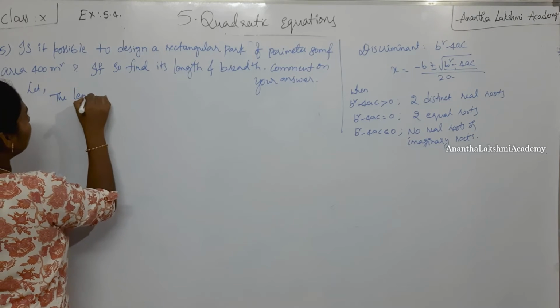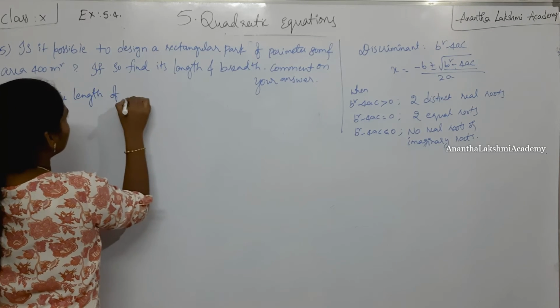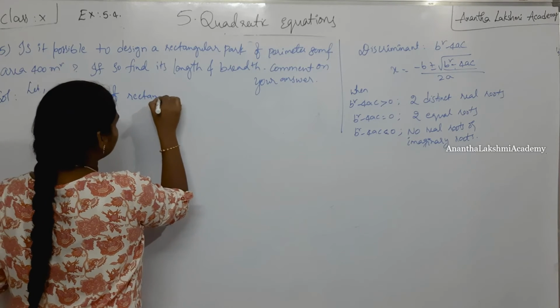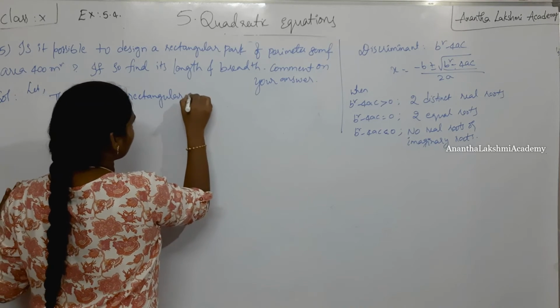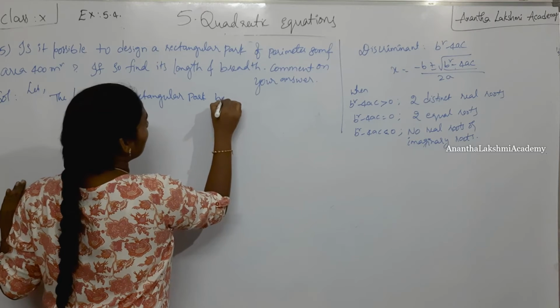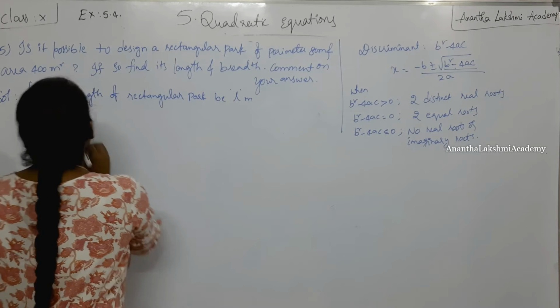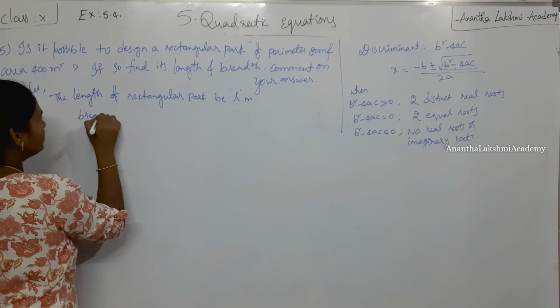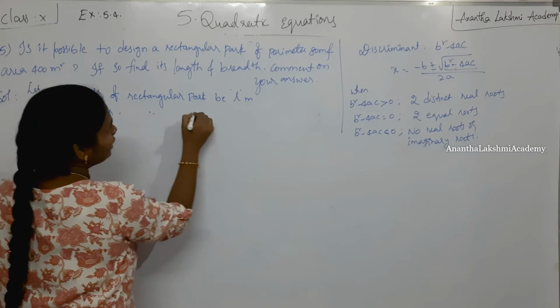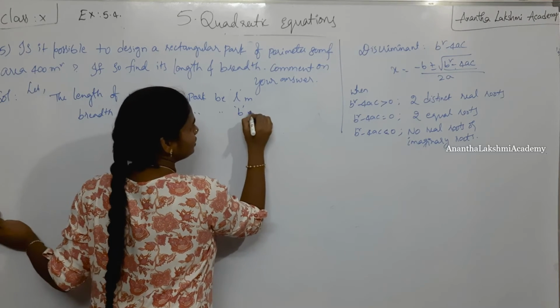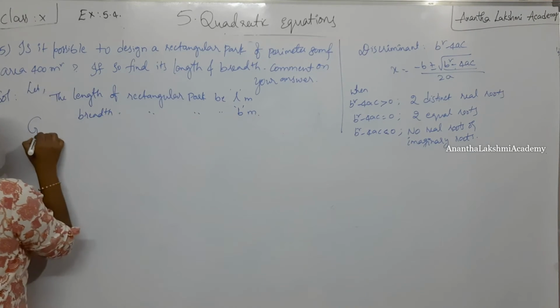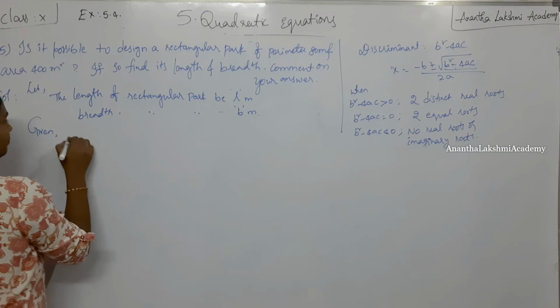So let the length of the rectangular park be L meters and the breadth of the rectangular park be B meters. So what is given? The perimeter is given.